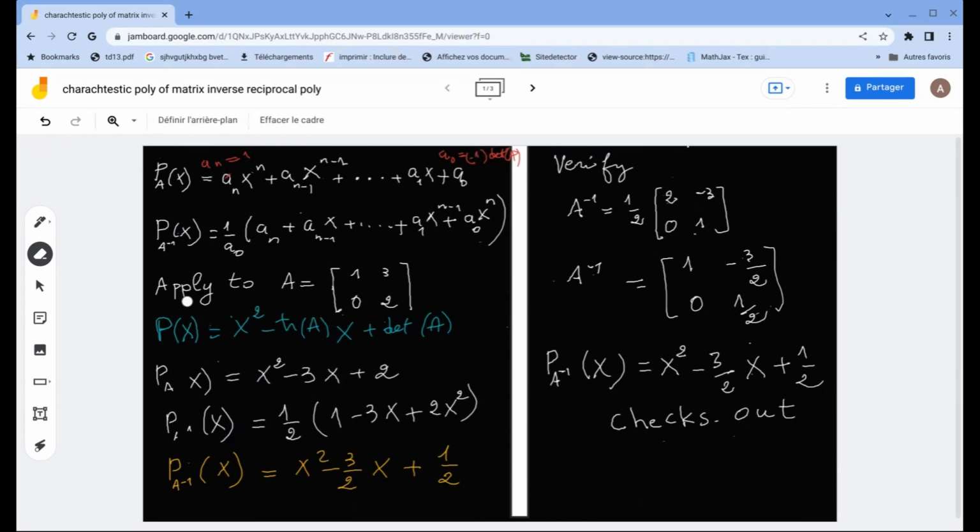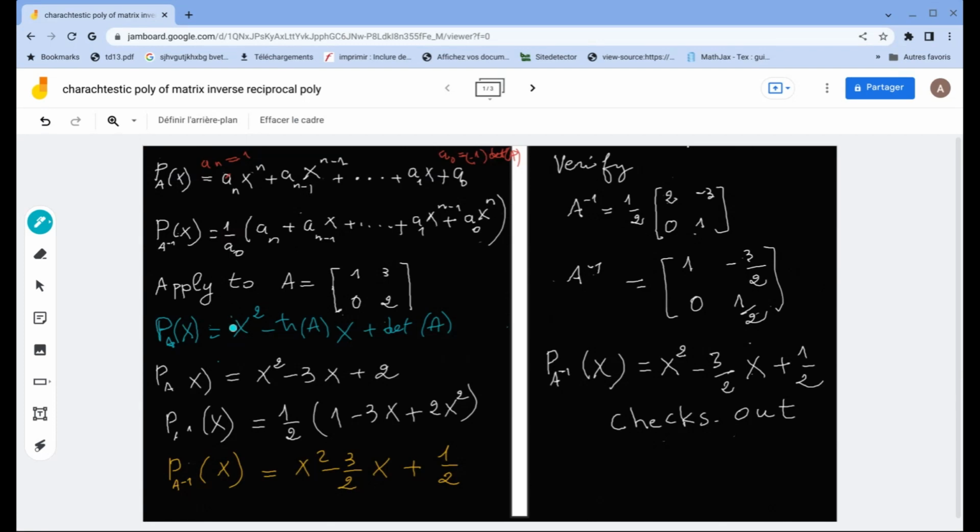I give an example with a square matrix A equal 1 0 3 2. I calculate the characteristic polynomial of A using the formula PA of x is equal to x squared minus trace of A x plus determinant of A. Here I see that the characteristic polynomial is unitary.